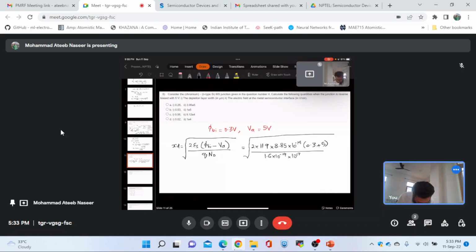It will come out to be equal to 0.26 into 10 raised to the power minus 6 meters, which is 0.26 micrometer, since the answer we require is in micrometer. So 0.26 micrometer is the depletion width that we are getting.